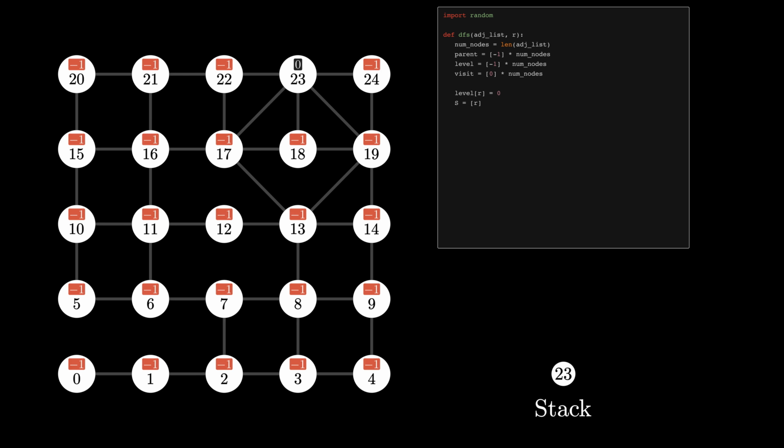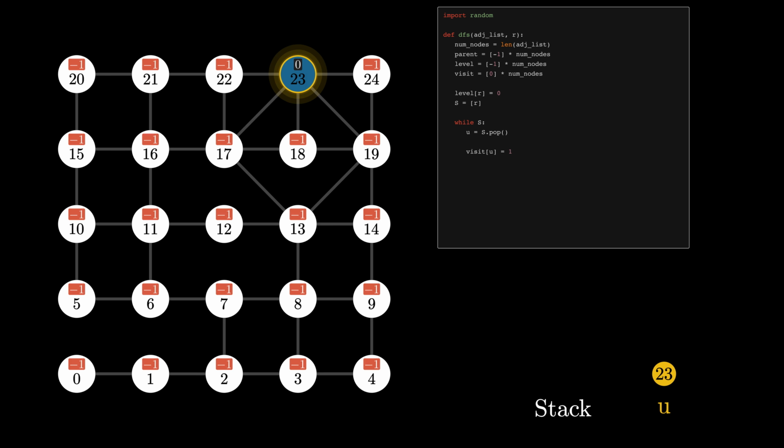Same as for BFS, we execute certain lines of code while the stack is not empty. First, we pop the top element from the stack and assign this node to U. Once this has been done, the node will be marked as visited. This is also something you can remember. In DFS, we mark a node as visited once it has been popped from the stack. In BFS, on the other hand, the node will be marked as visited once it has received a parent and a level.